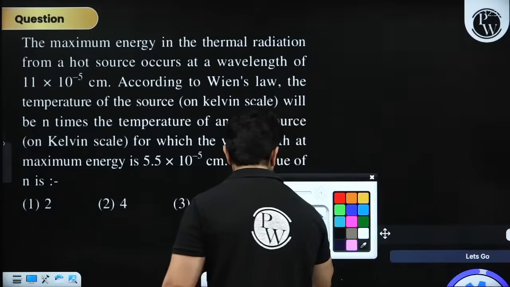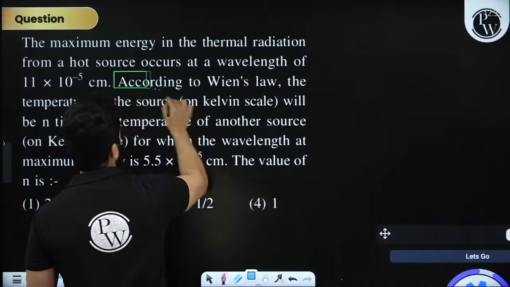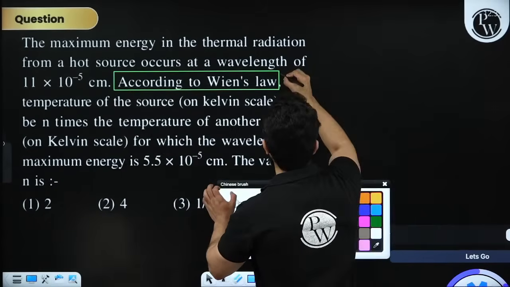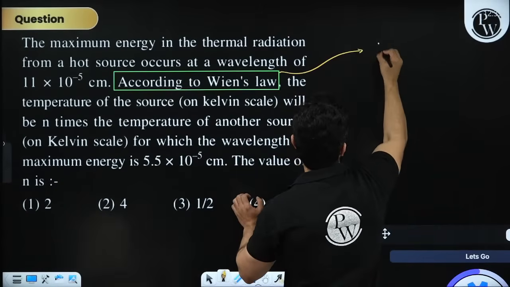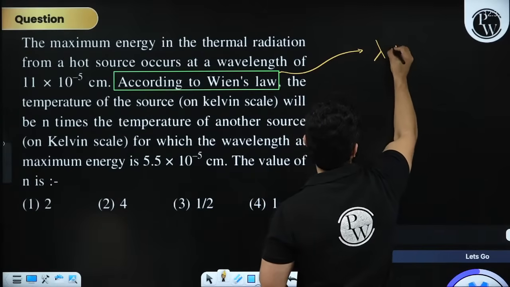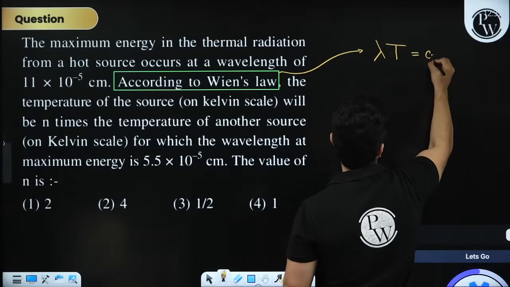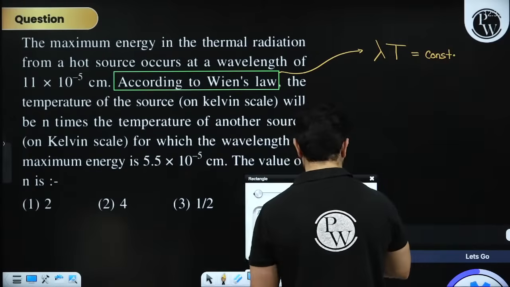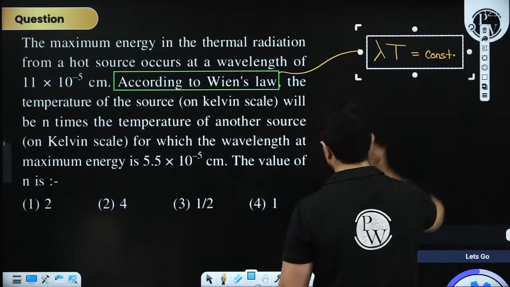First of all, let me tell you that Wien's law states that lambda times temperature is constant, right?